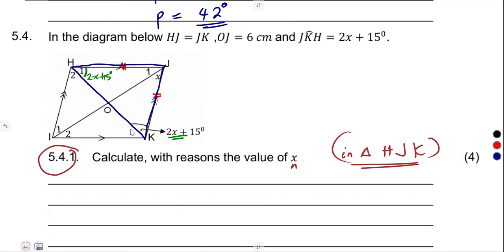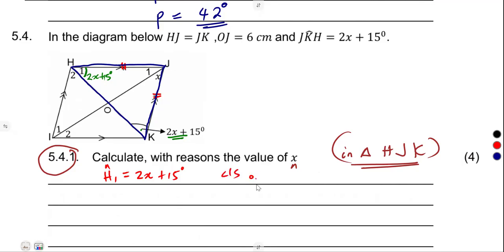So the base angles will be exactly the same, angles opposite equal sides. Let us write it as a statement. Remember, we said angle H is equal to angle K, which is 2x plus 15 degrees. That is this angle K. Angles opposite what?